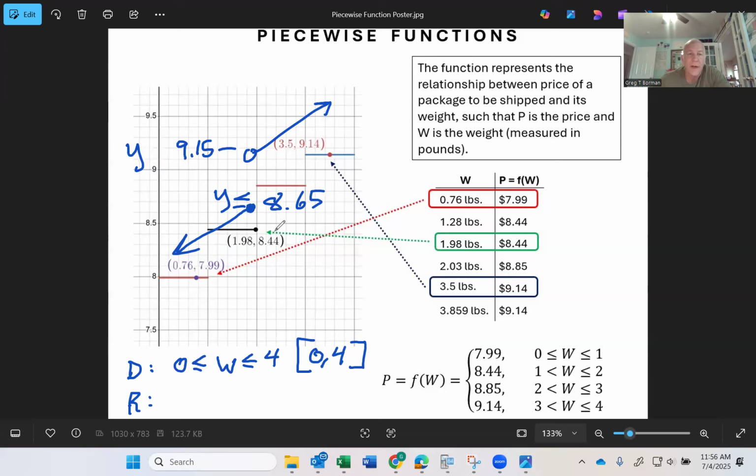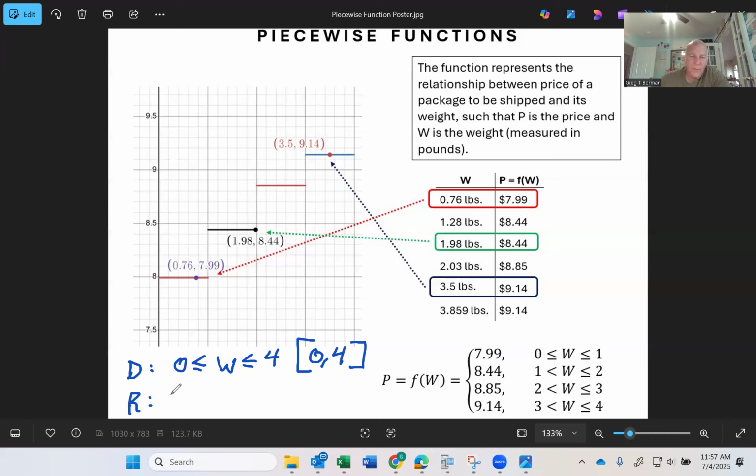So on this one, normally your range is going to be like an interval, all y values greater than 4 or something. But in this case, our range is just individual numbers.